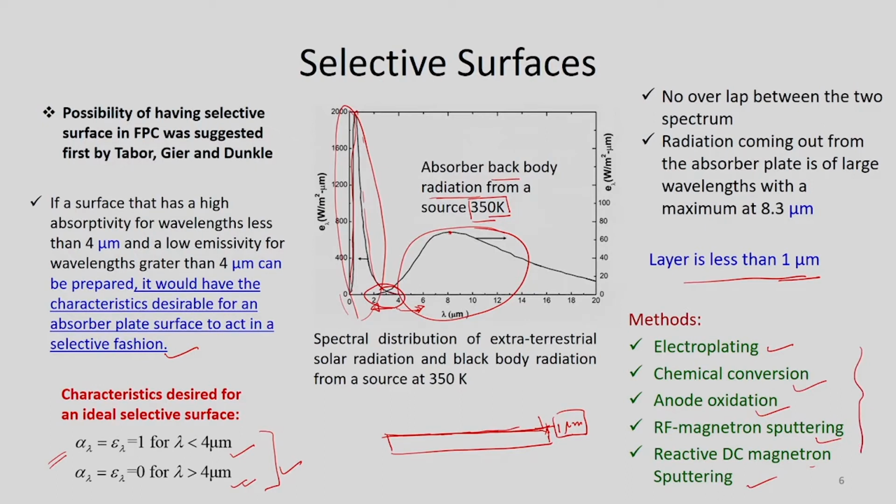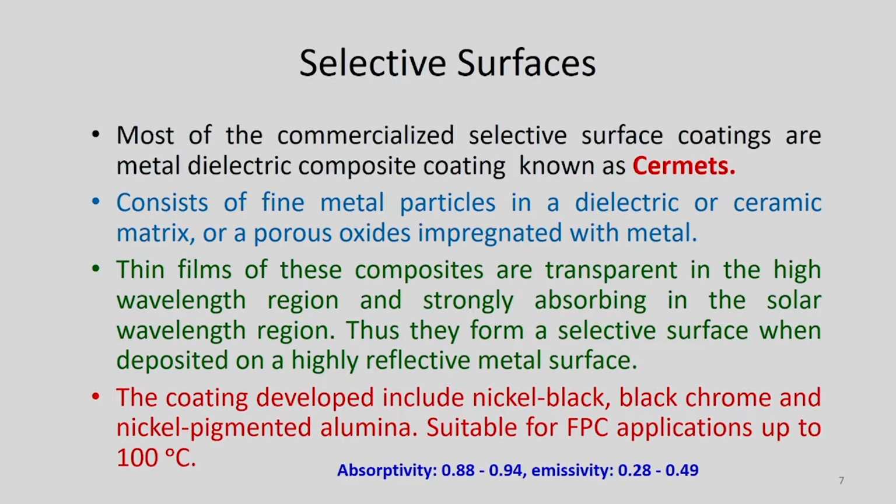There is a host of literature. People have done research on investigating the best selective surfaces for maximizing solar radiation absorption. So it is a very good active research area. Most of the commercialized selective surface coatings are metal dielectric composite coatings known as cermets. The cermets consist of fine metal particles in a dielectric or ceramic matrix, or porous oxides impregnated with metal.